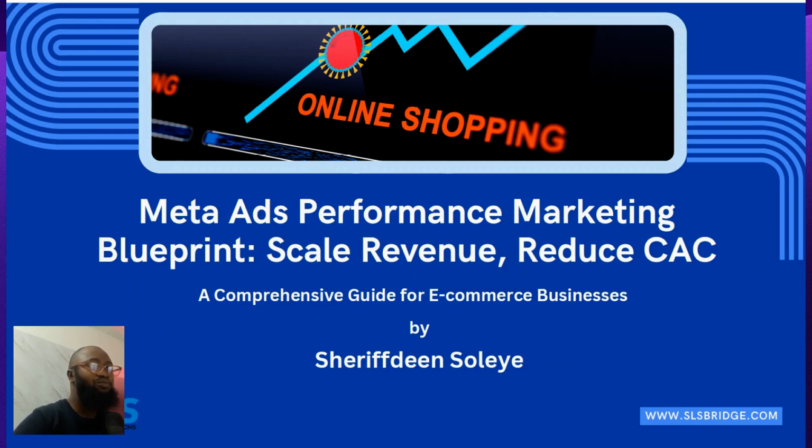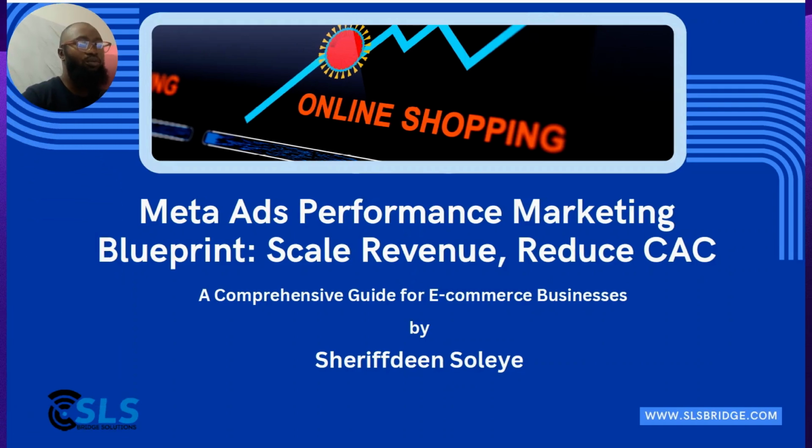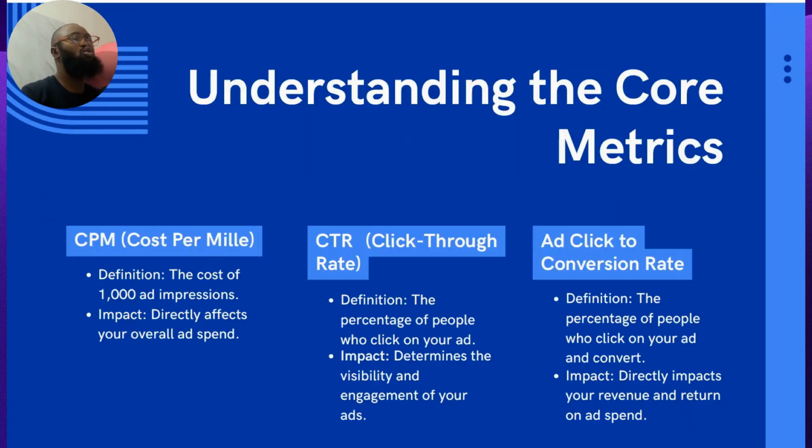First things first, we must understand that there are some major metrics to focus on in Facebook ads. Understanding these core metrics is going to be very crucial to the success that we can drive with Meta. The first one is cost per mille. This is the cost of 1,000 ad impressions. It means when Facebook shows your ad to 1,000 people, the specific amount that you are charged, that you have to pay, is the cost per mille.